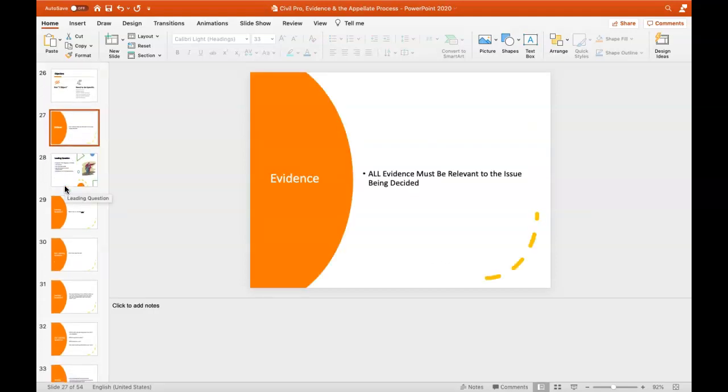A general but important rule regarding evidence is that all evidence must be relevant to the issue being decided.